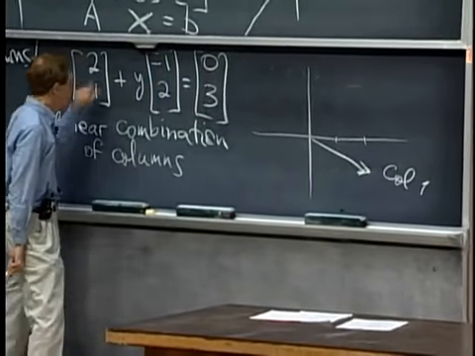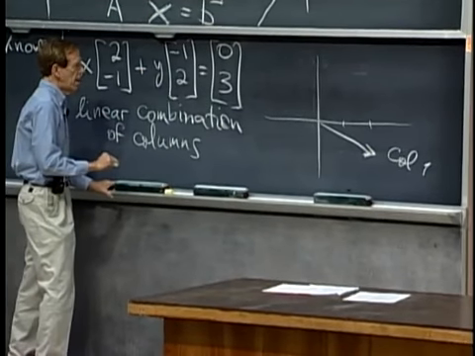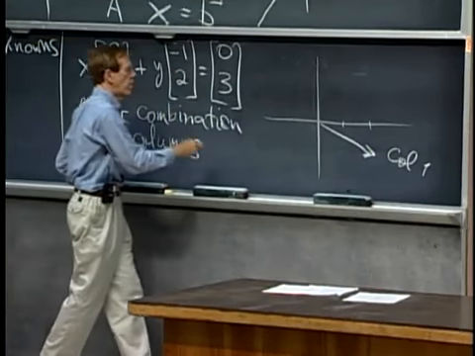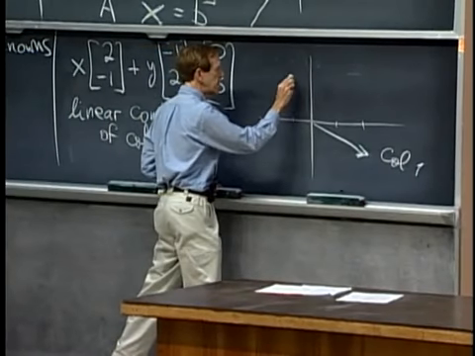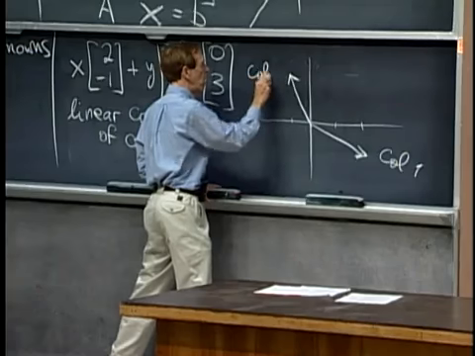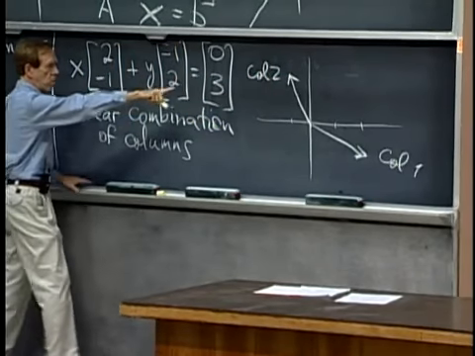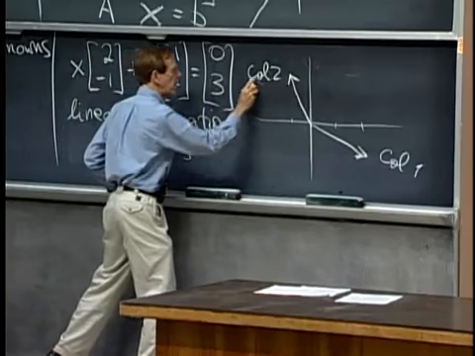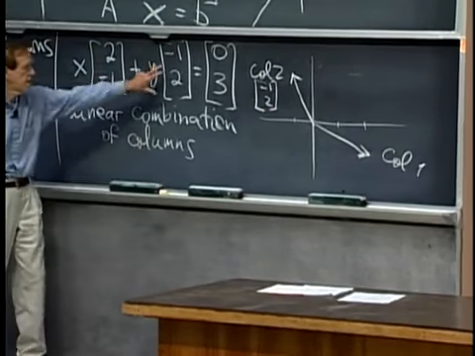It's the vector 2, minus 1. The second column is, let's see, I go over minus 1 is the first component, and up 2, it's here. There's column 2. So this, again, you see what its components are. Its components are minus 1, 2. Good. That's this guy.